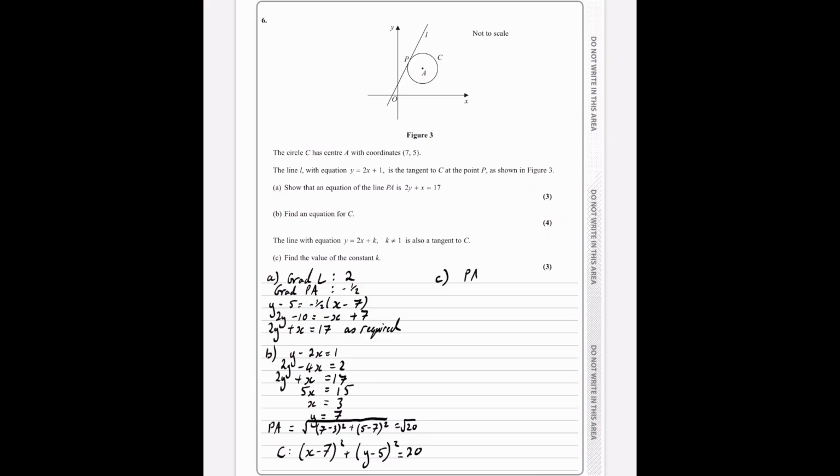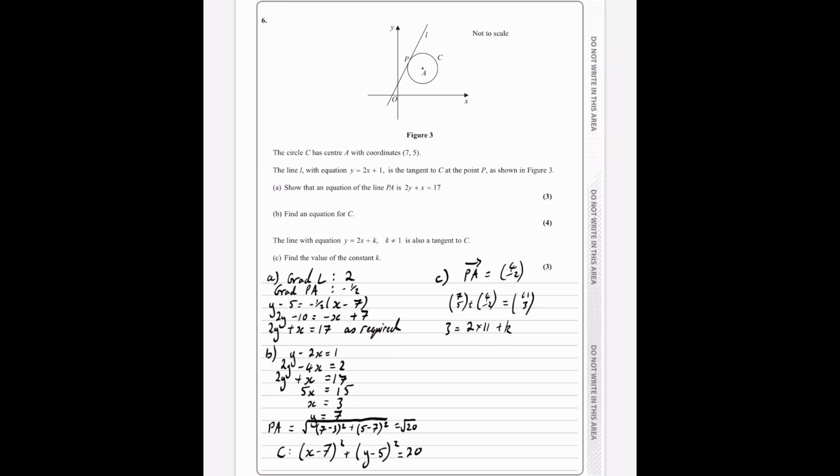For C, to find the value of the constant k, well, we know the line is parallel to L, so essentially we're drawing another line parallel to L on the opposite side of the circle. It's going to meet the circle at the point that would make the diameter from P to this new point the diameter of the circle. So essentially if we take the vector that takes us from P to A and then apply that vector to A, it would take us from A to the point where the line meets the circle on the opposite side.